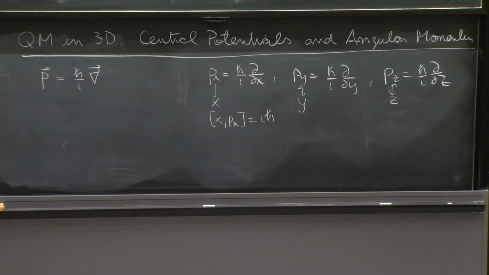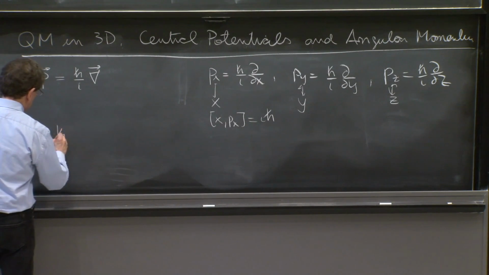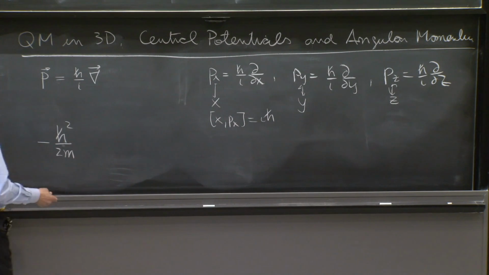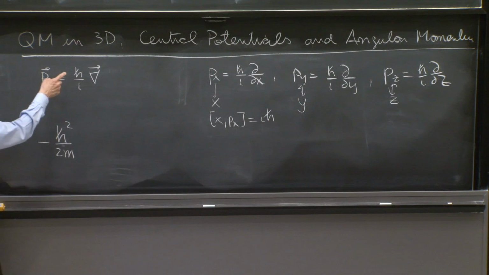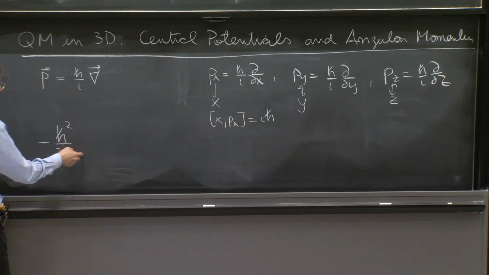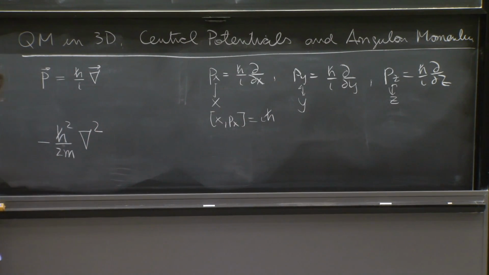With this, we wrote the 3-dimensional Schrödinger equation, which was minus h bar squared over 2m, and instead of the second derivative you would have in 1 dimension, for 3 dimensions, you have the Laplacian.